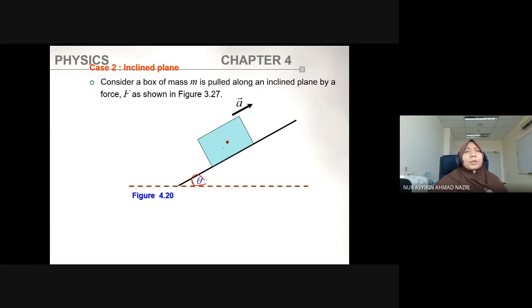Maksudnya we still cannot ignore. Walaupun cakap 10 degree je, berapa je beza dia. Tapi even perpuluhan belakang je yang beza, you need to consider this angle. Then for case macam ni, we need to shift our coordinate system.